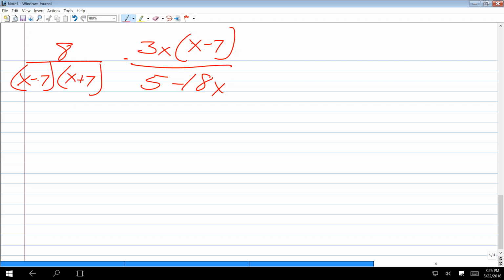And now you can cancel, and you're left with whatever you're left with. What is that? There'd be 24x over... Should you multiply them together or leave them factored? Leave them factored? Yes, always.